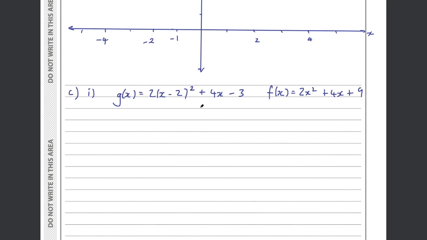Now, this would be a little bit easier if this bit here was also x take 2, because then we could say, well, they've just changed the input from x to x take 2, and I know what transformation that creates. That is a translation to the right 2 units.